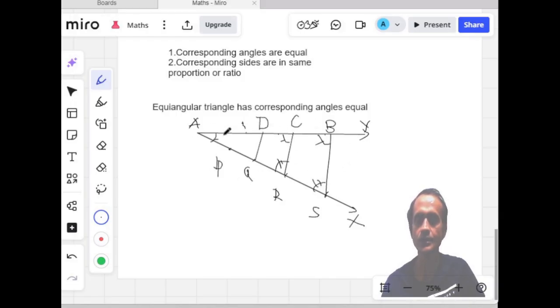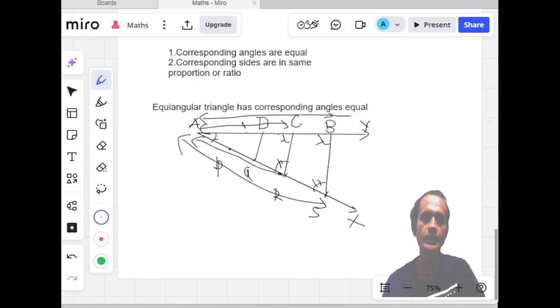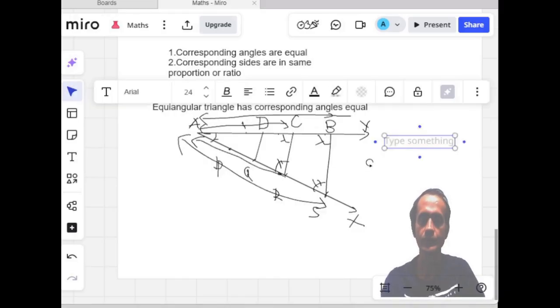So in these two triangles ARC and ASB, corresponding angles are equal, and if we measure these sides AC divided by AB and AR divided by AS, we'll find that the ratio of these sides is the same, which is what our basic proportionality theorem, or Thales theorem, states.